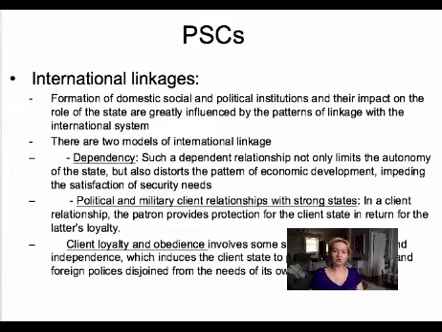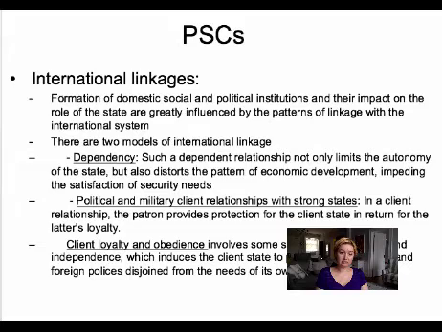Dependency. A dependent relationship not only limits the autonomy of particular states, but it also distorts the pattern of economic development, impeding the satisfaction of security needs. There is a political and military client relationship with strong states.